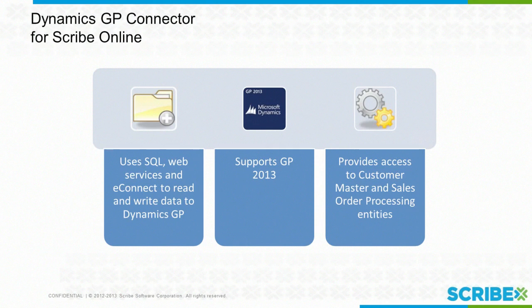Over time, we're going to keep adding to the capabilities of the connector. Scribe Online is on about an 8-week release cycle, and so every 8 weeks we come out with new functionality and new capabilities in the platform, and we're always extending the connectors as well. So over time, we'll broaden that capability in this entity support that we have.